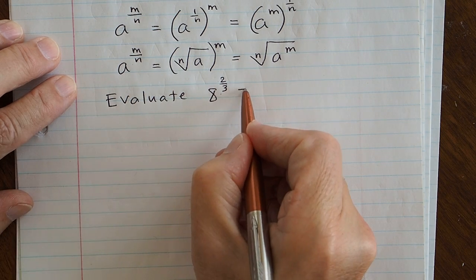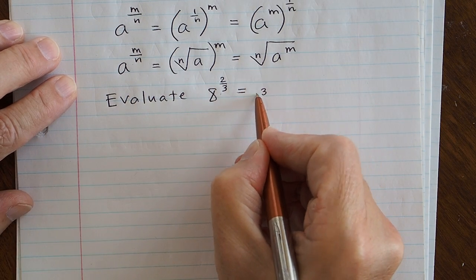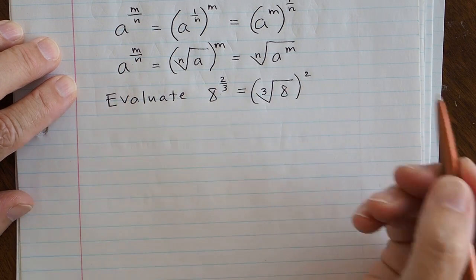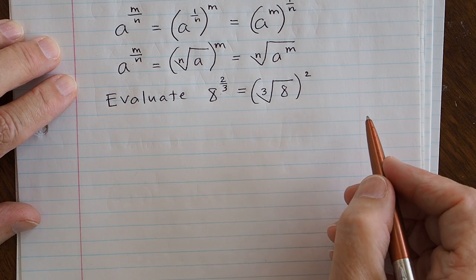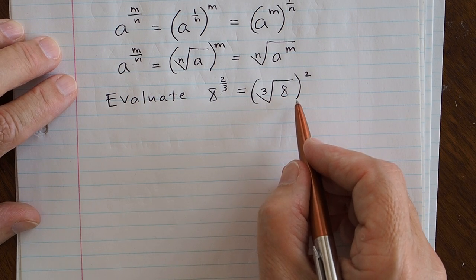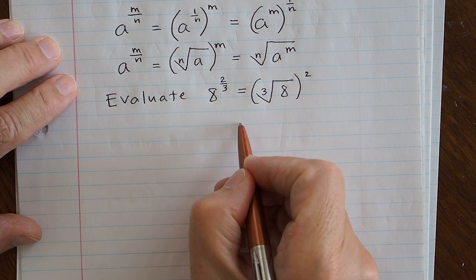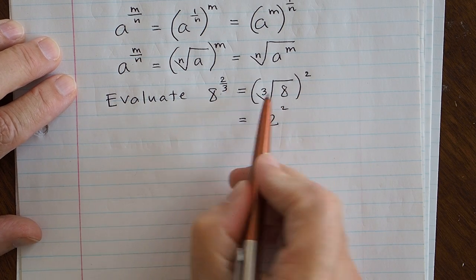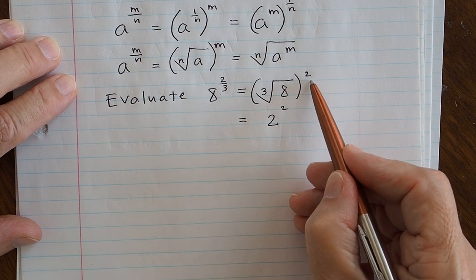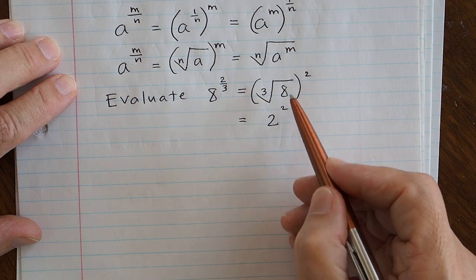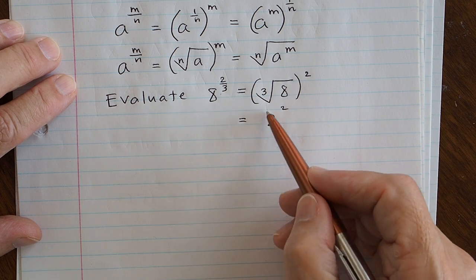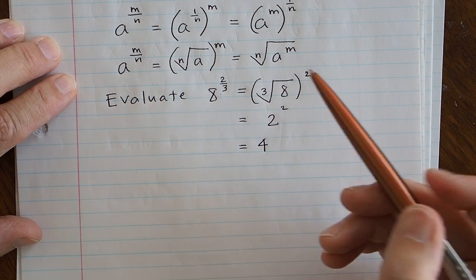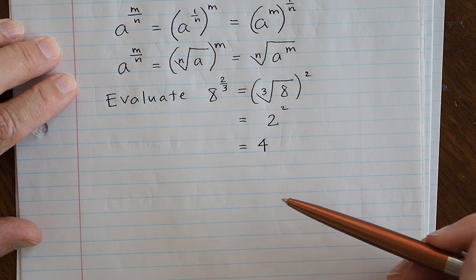So this would become the cube root of 8 quantity squared. Strictly speaking, the brackets aren't necessary, but it does help divide the processes and keep them separate. So the cube root of 8 is 2. So that command has been executed. This command has not been executed, so it's still there. So the brackets are replaced by the 2. And 2 squared is, of course, 4. So that's right. 8 to the 2/3 is 4.